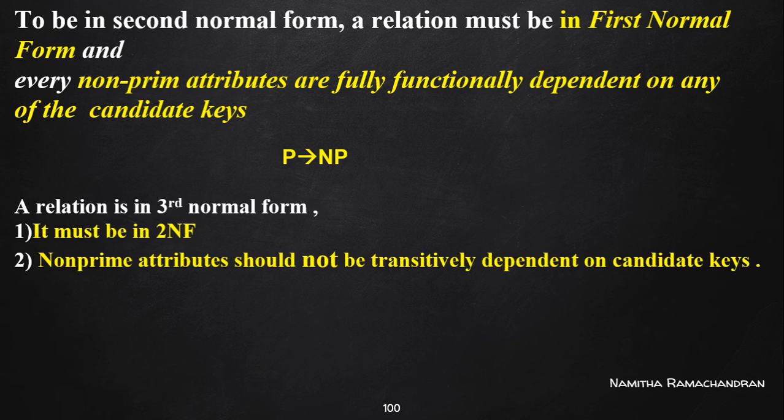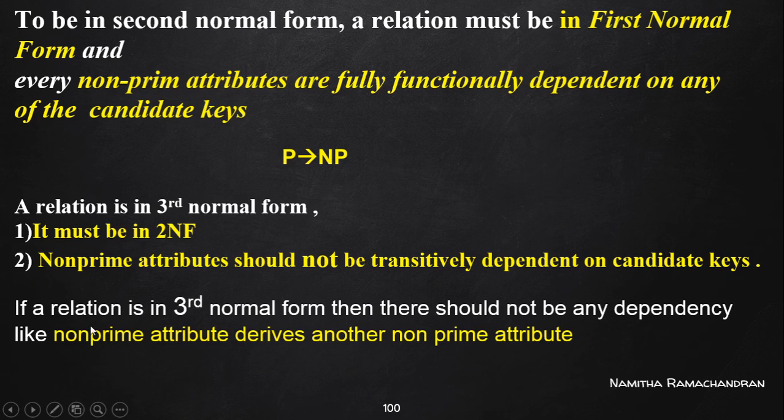Now the third normal form. The relation must be in second normal form first. Then non-prime attributes should not be transitively dependent on candidate keys. In another way, we can define it like this: if a relation is in third normal form, then there should not be any dependency where a non-prime attribute derives another non-prime attribute.